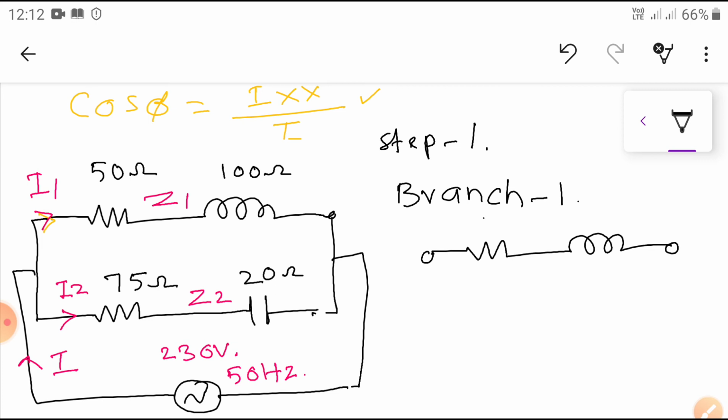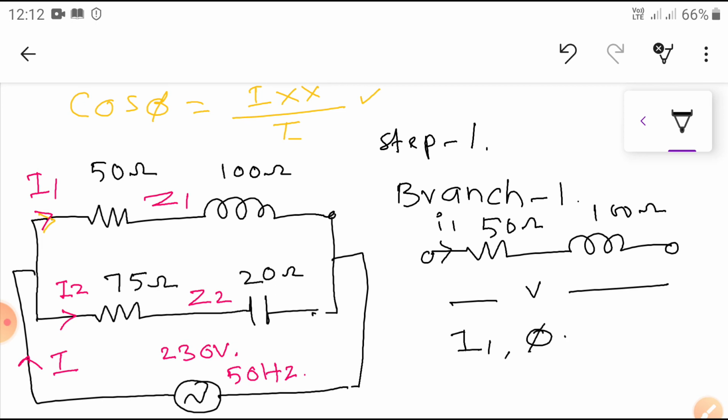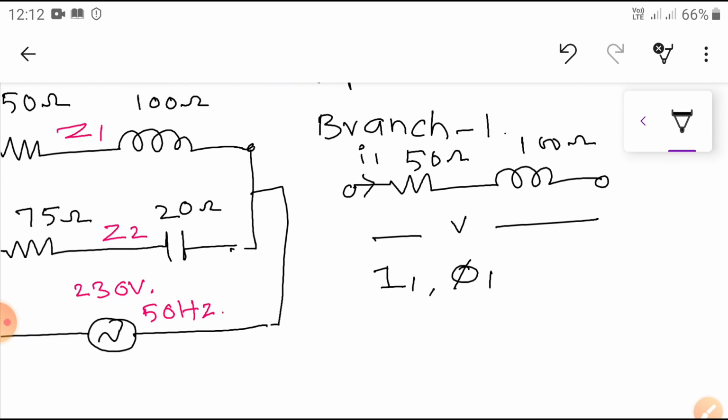What is the value? 50 ohms and 100 ohms inductance value. So this current I1. To get I1, I require the voltage across this one, V1. So I require I1 and phi 1. This is our aim. Okay, let us do.